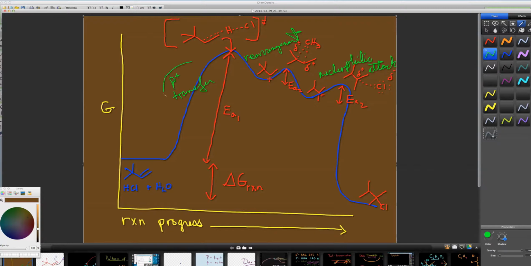So 3 of the 4 patterns are represented in this electrophilic addition reaction, which makes electrophilic addition a great model to begin to master these different types of mechanistic patterns.